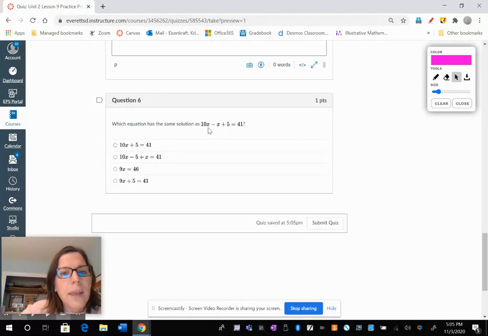We had 10x minus x plus 5 equals 41. Here, they got rid of the x, but they didn't do anything to the other side. You just can't willy-nilly take out that x. That is incorrect. So this won't be the same because they removed that x. So this is a no.